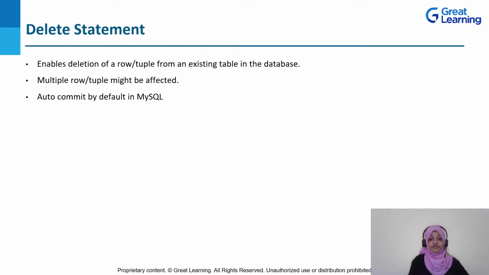They remove existing content from the table, and they remove this content not cell wise, they remove this content row wise. Again, there is a where condition in delete statements also, because of which multiple rows or multiple tuples might get affected by any delete statement that we're doing. And the reason I look so scared currently is because delete statement is a very scary topic. I'll show you why in just a minute.